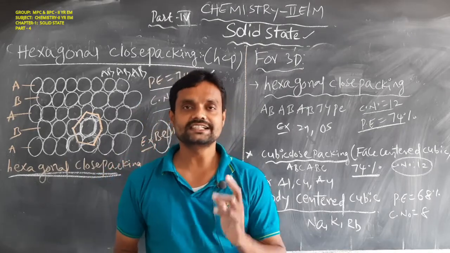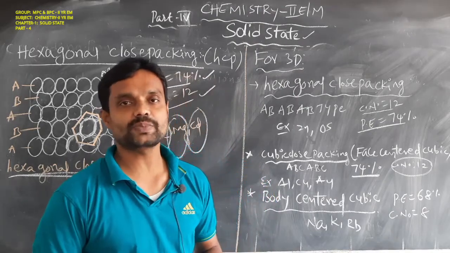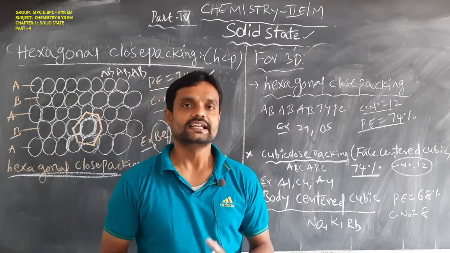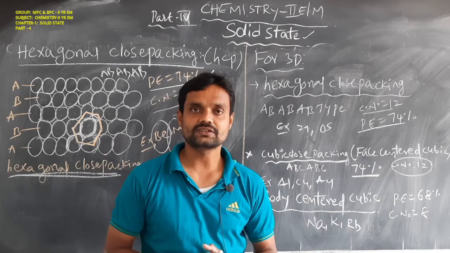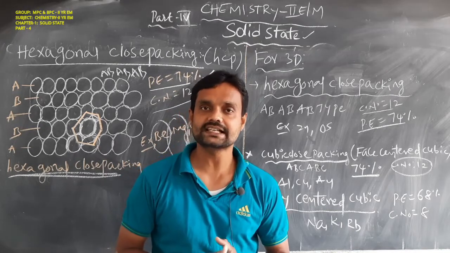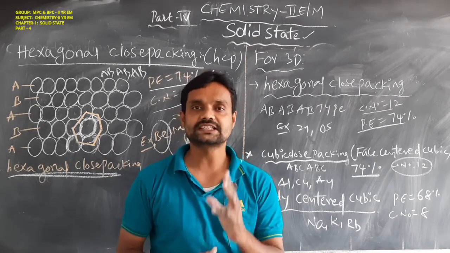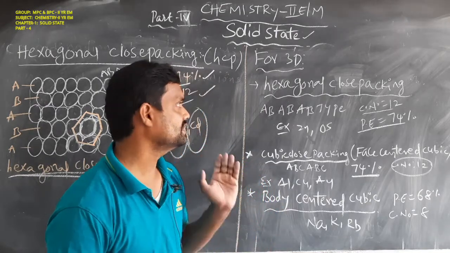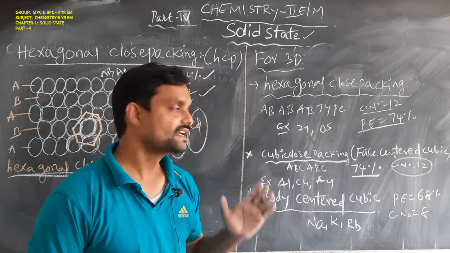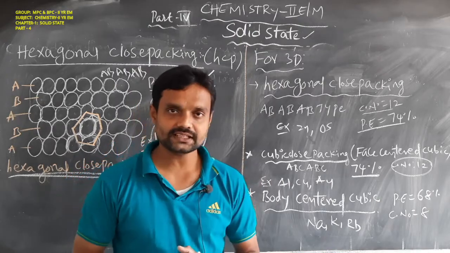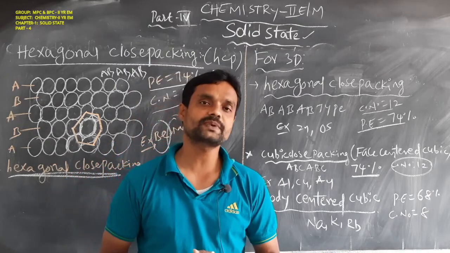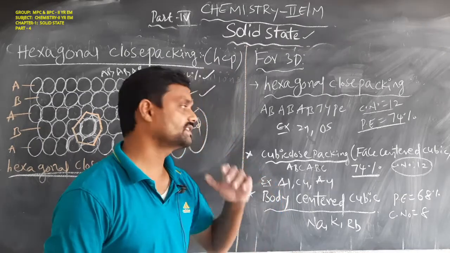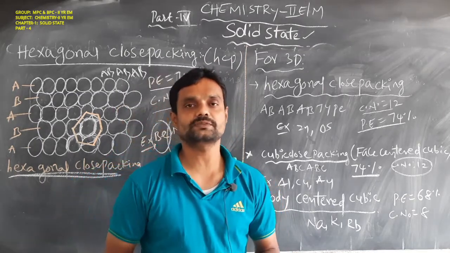So these are the three types of close packing present in three dimensions. In three dimensions, how many types of close packing in solids are present? Three types. One is hexagonal close packing. Second is cubic close packing, also called face-centered cubic close packing. Third is body-centered cubic close packing.